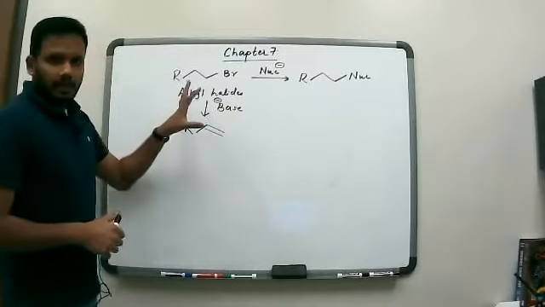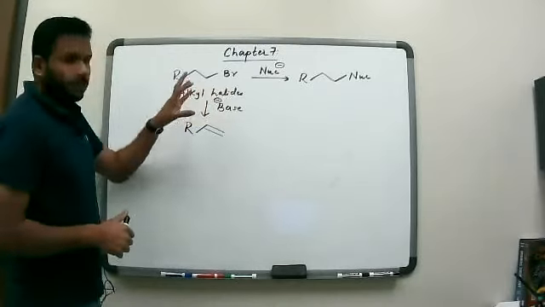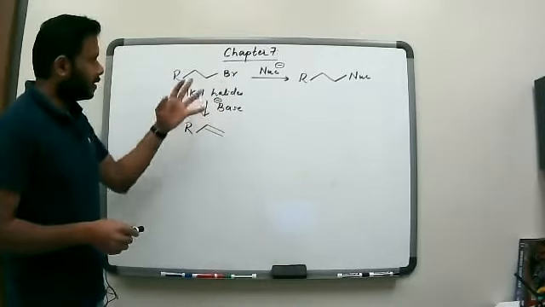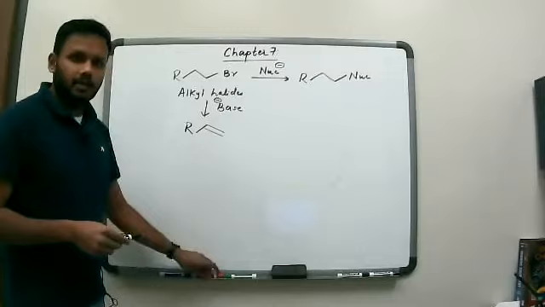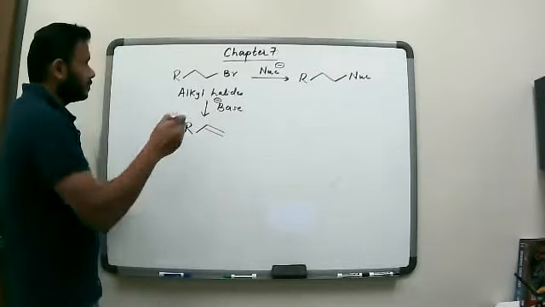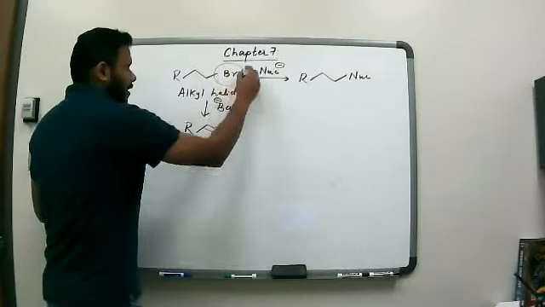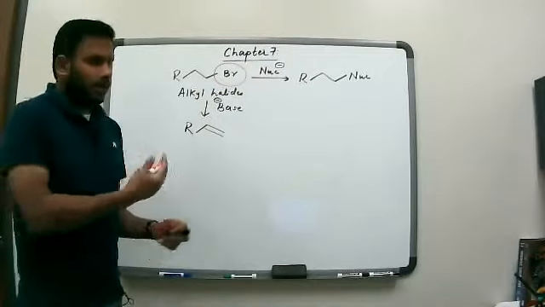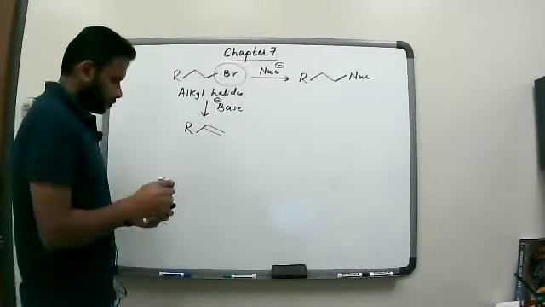So the important thing about alkyl halides, the reason why they undergo reactions like this, is the fact that they contain this halogen. The halogen is what enables these reactions.